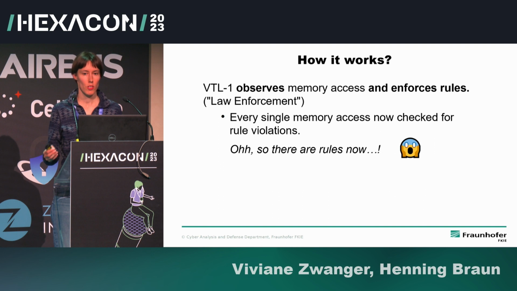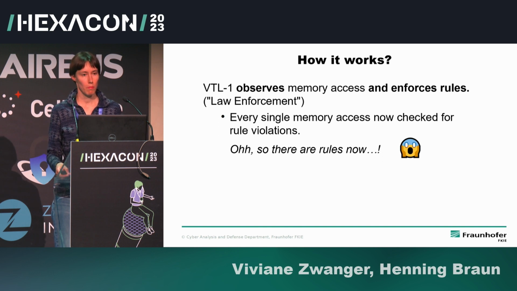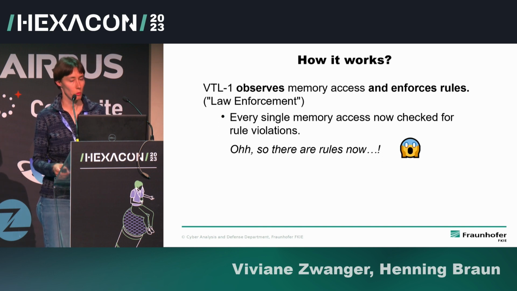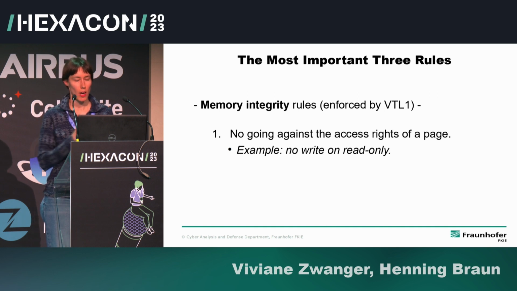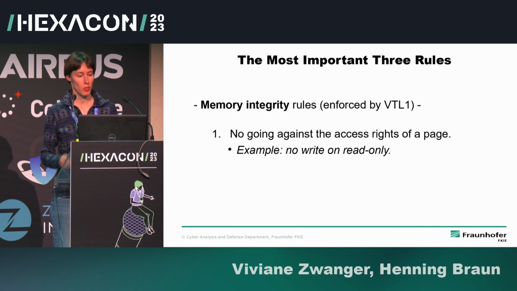I mean, once you had your physical read-write primitive, you would just write on the physical memory, and that's it. But those times are over with memory integrity turned on, of course. And so let's speak about those rules. As said, our bypass never goes against those rules. It adheres strictly to those rules.